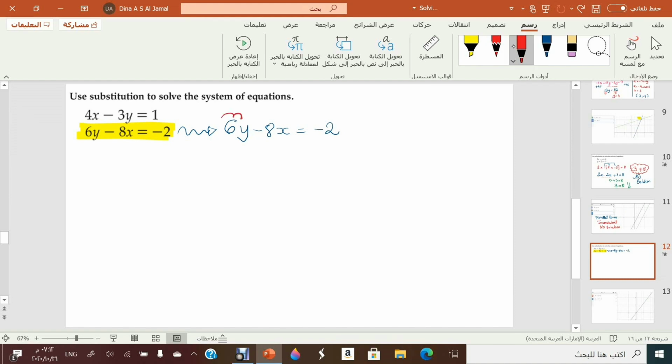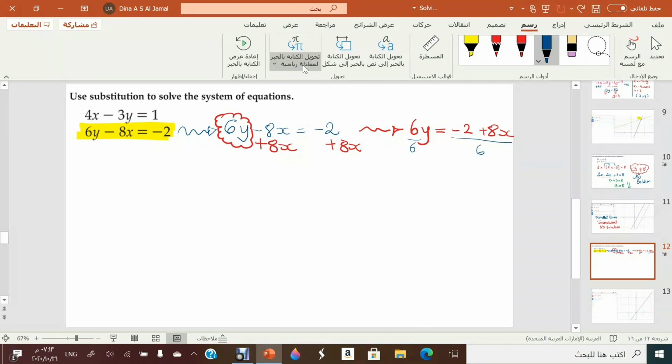I would like to have 6y alone, so add 8x both sides. What you will be having? 6y equal to minus 2 plus 8x. Now divide by 6, divide all by 6.